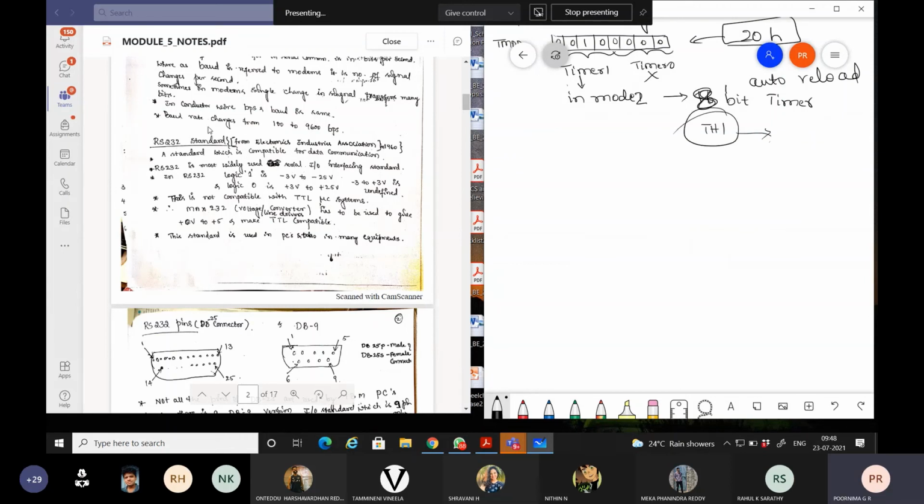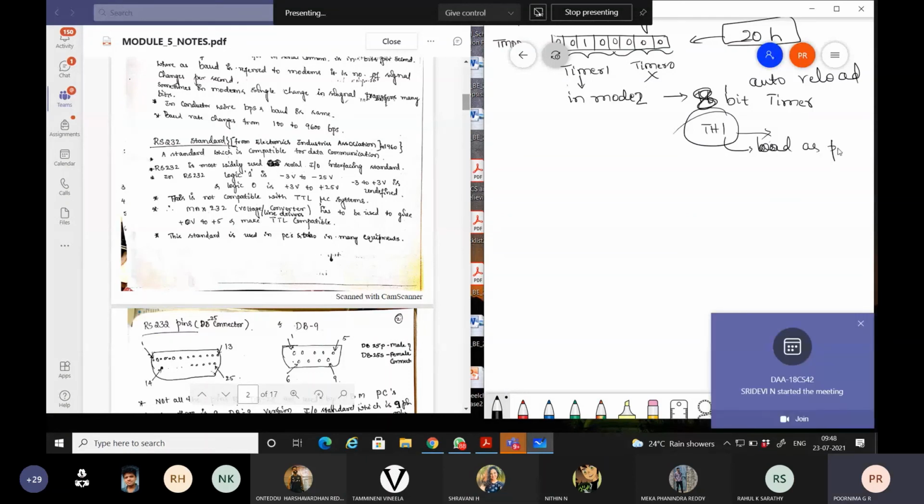Whenever you load TH1, load it as per the table of baud rate equivalent hex values. Suppose 9600, it has to be loaded with FDH, and so on.